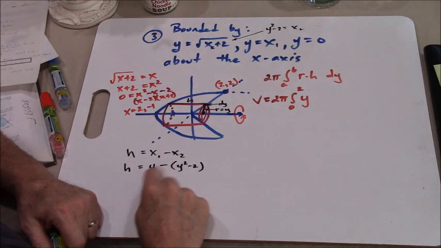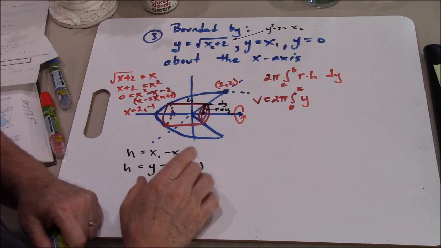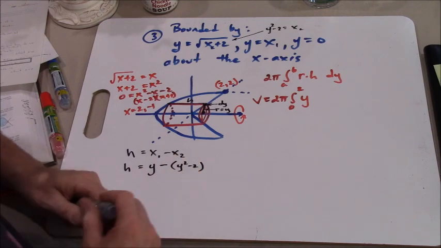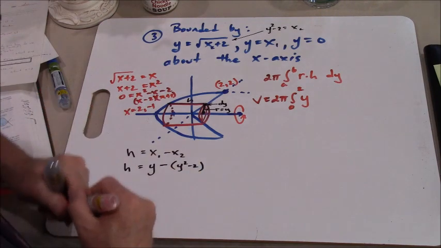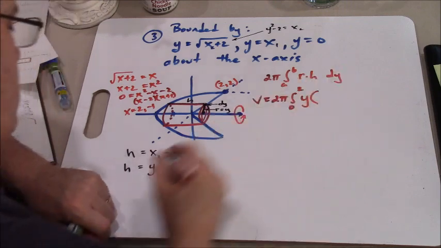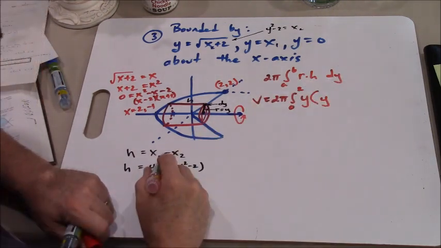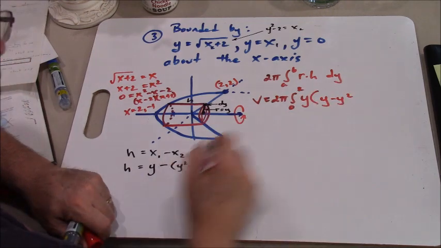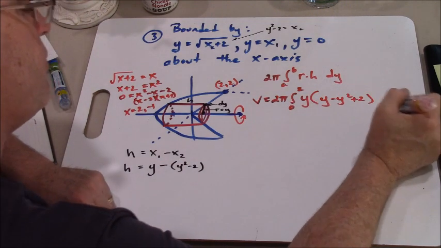And so if I plug them in, it'll give me those x values to make sure I get the correct height. All right, so what I have now is y. I'll distribute this negative sign, so I get minus y squared plus 2 dy.